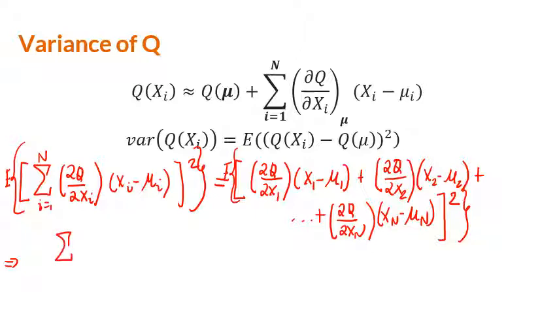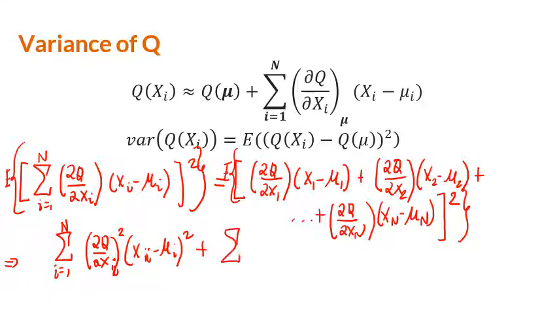So sum of I from 1 to n of partial q with respect to x sub I squared times x sub I minus mu sub I squared. So ito yung mga perfect squares. Plus yung cross terms, I not equal to j.